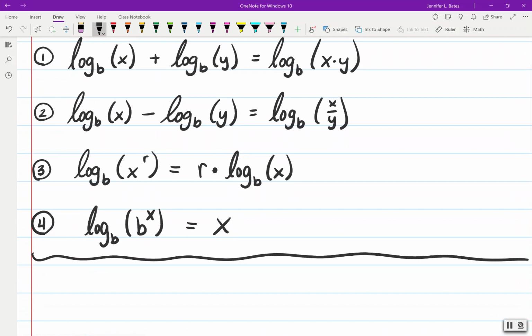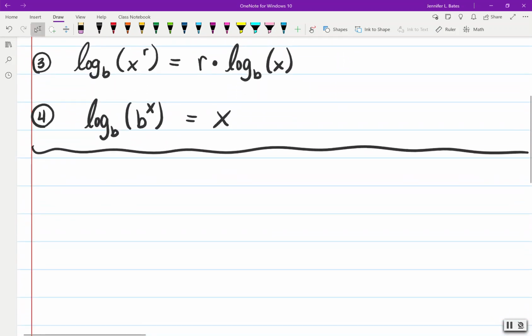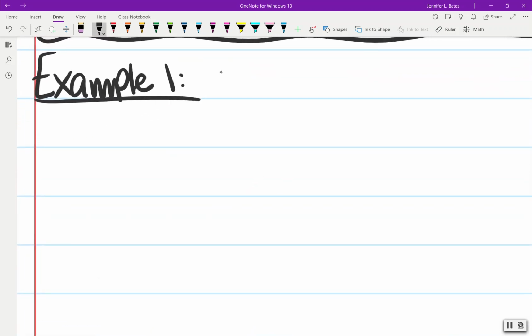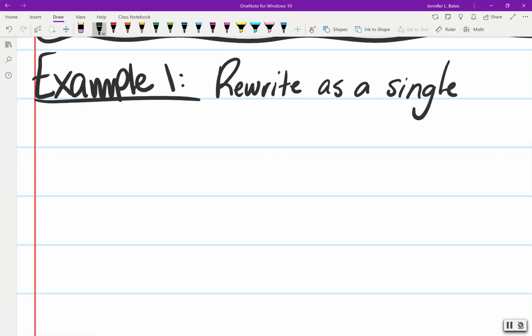And we will call this example 1. Example 1 says rewrite as a single logarithm.